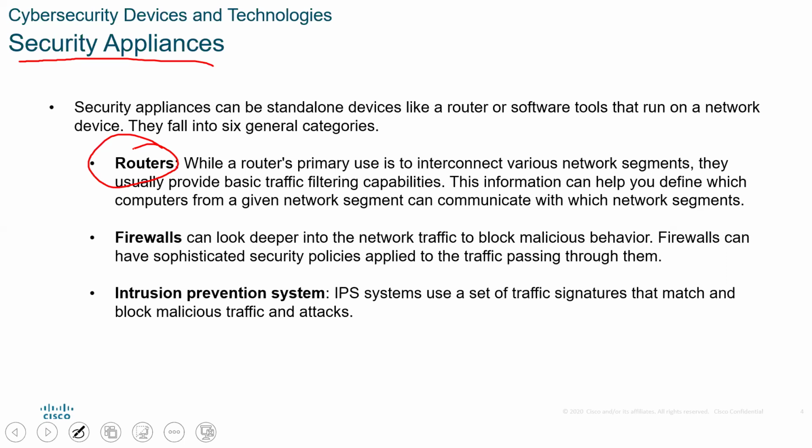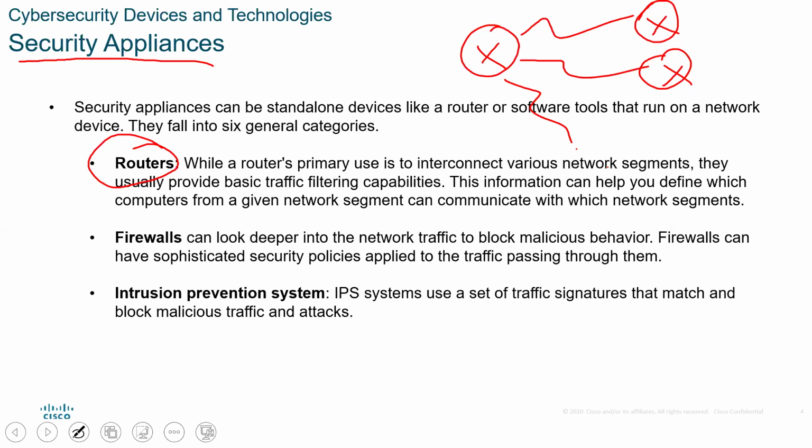When we say path determination, let's say, for instance, this is your router and there is a path like this. There's a path. This one goes to maybe another location. This goes to another location. This goes to another location. All right. Then this is your local area network.